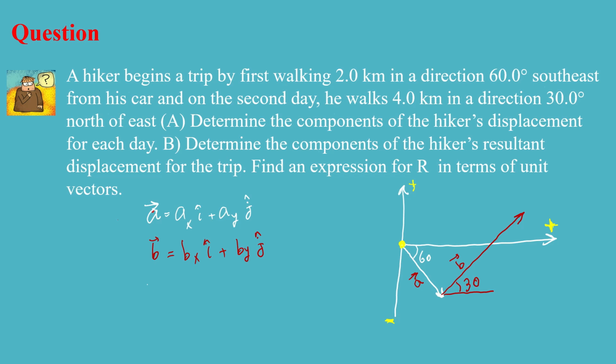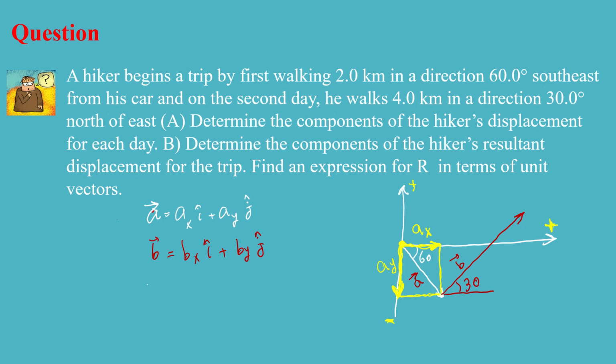Now if I write down the components of A, I draw a vertical line to the X and Y axes, and this is the way we find the components. This one right here is negative, and this is the point you have to be careful about. This one is my AY and this one right here is my AX. If you look at the direction, AY is negative and my AX is positive. What about vector B?